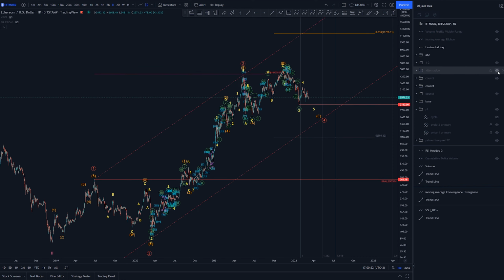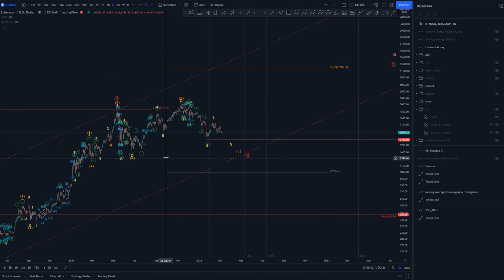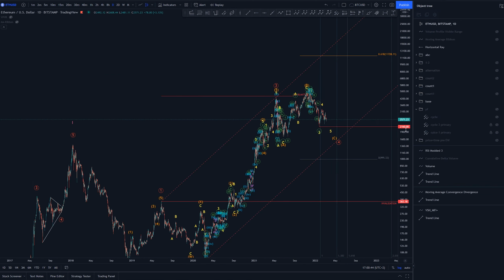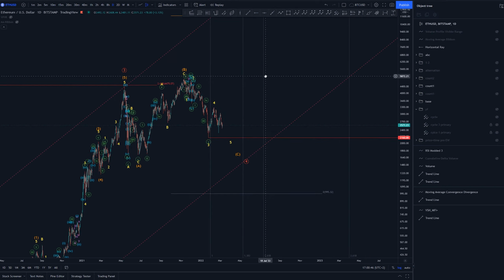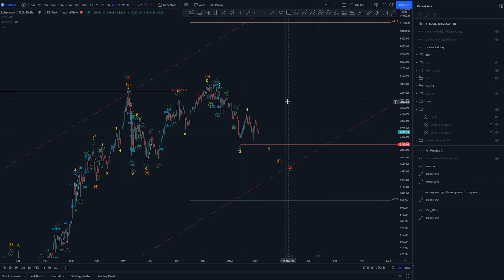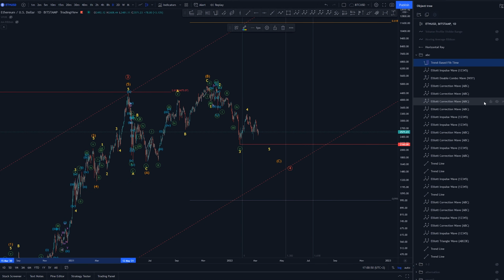Do I have an alternation here? We got WXY here, and we're expecting ABC here. No, not that one. There we go. Which was this?